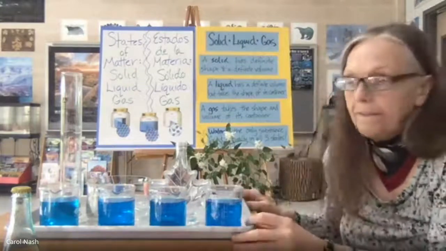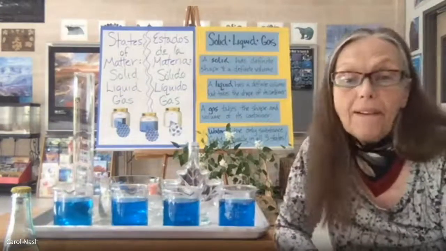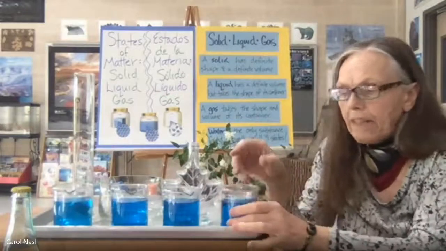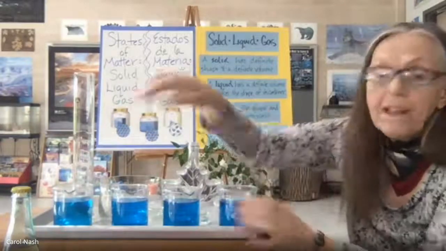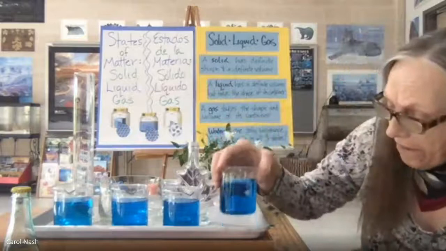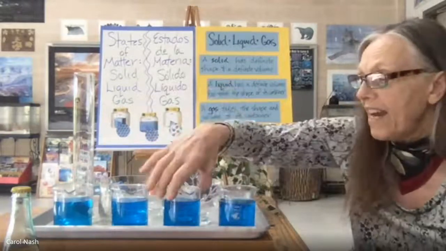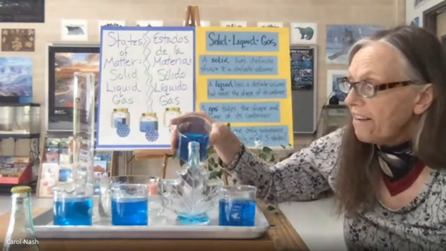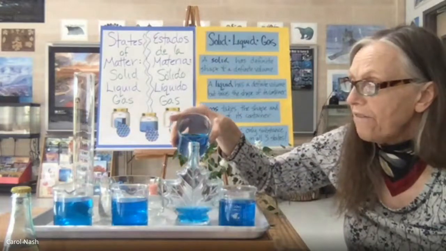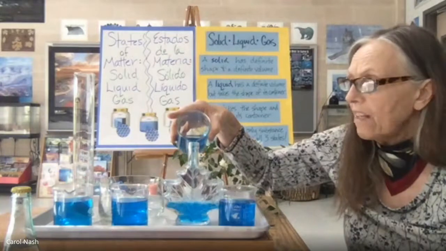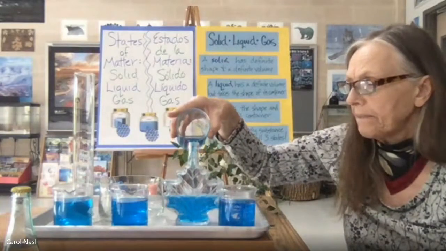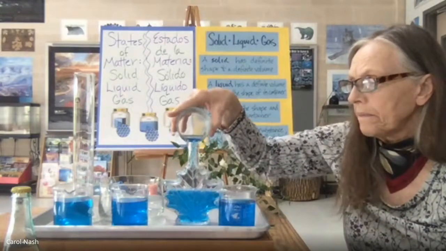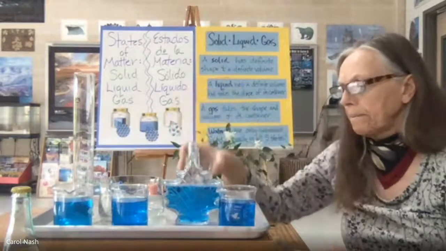Now, liquid takes the shape of the container. I've got 4 beakers, all with the same amount of water, 200 milliliters. And I've got some different containers. So let's see that the same volume can take many shapes.